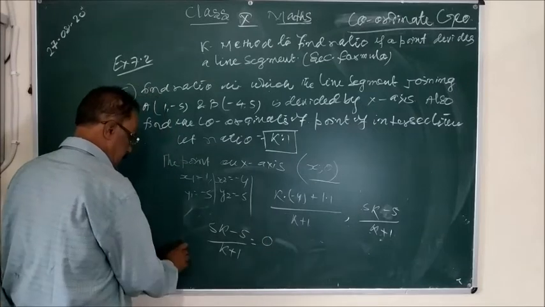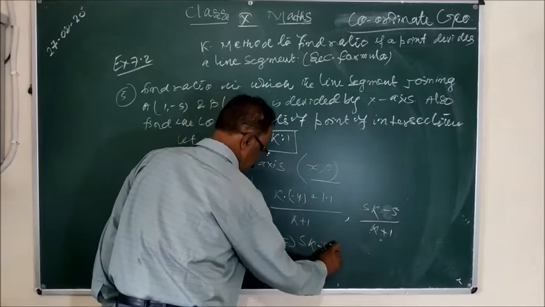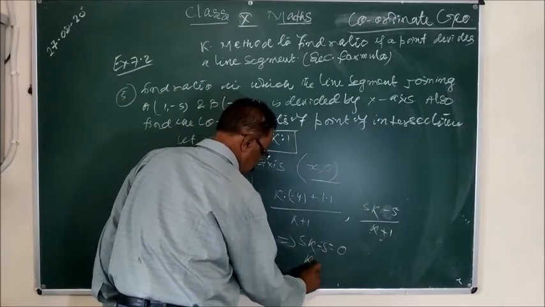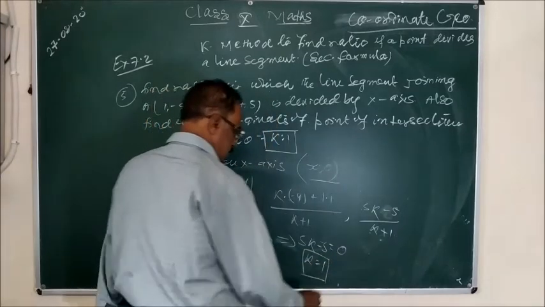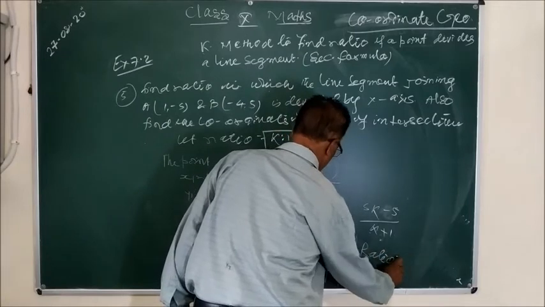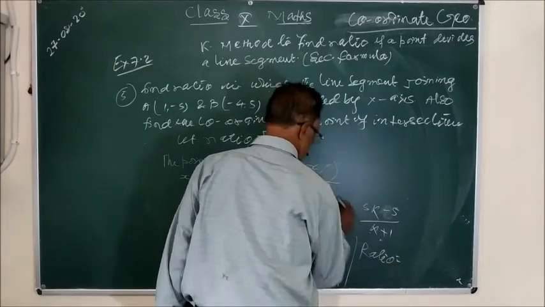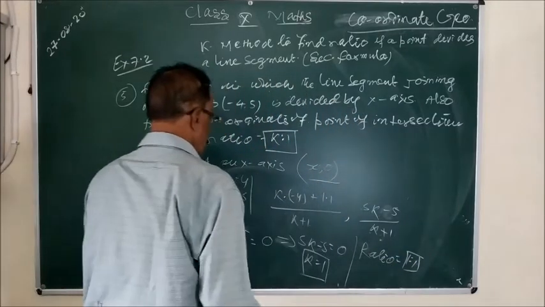By cross multiplication, you will get 5k minus 5 is equal to 0, or k is equal to 1. This means the required ratio is k is to 1, so 1 is to 1. This is the answer.